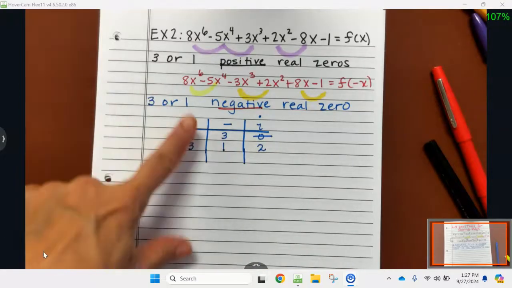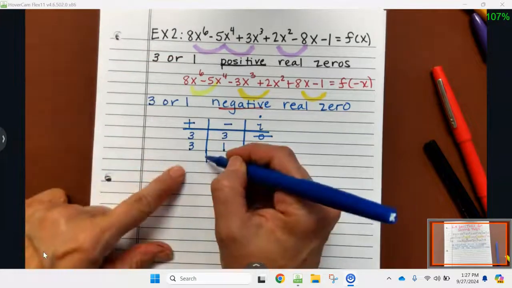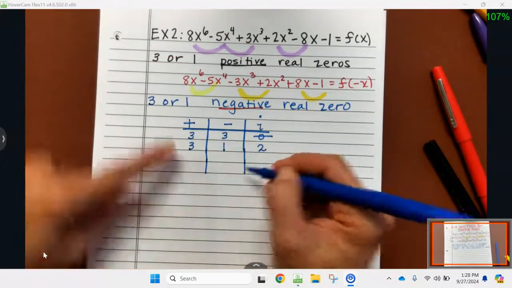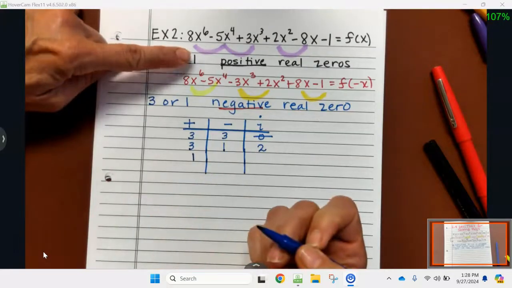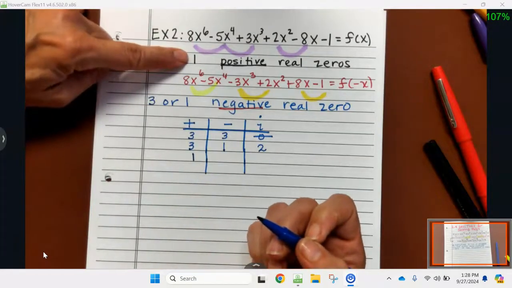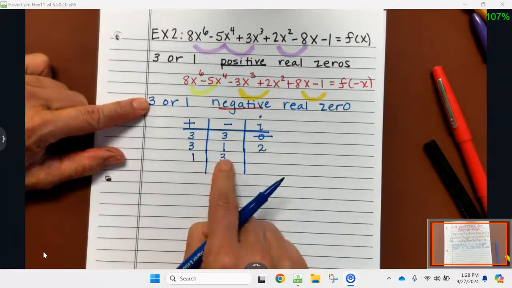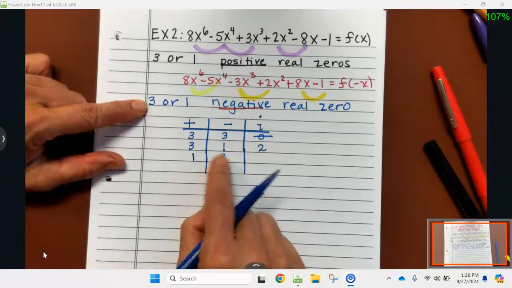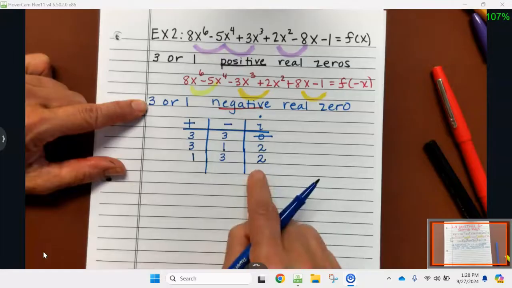So we're just analyzing all the combinations. Now, let's go ahead and change these to 1s. Let's see what happens if we only had 1. So if I had 1 positive real and 3 negative, 3 plus 1 is 4, which means I would have 2 imaginary.